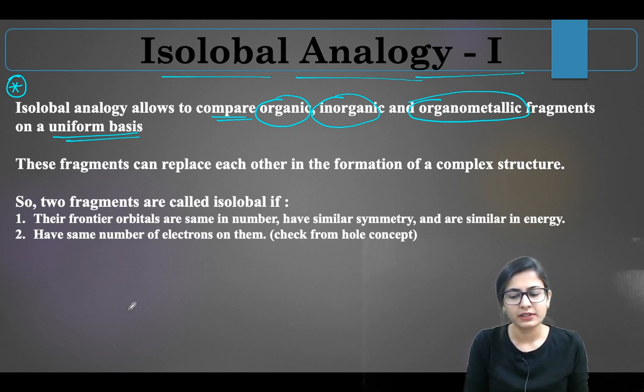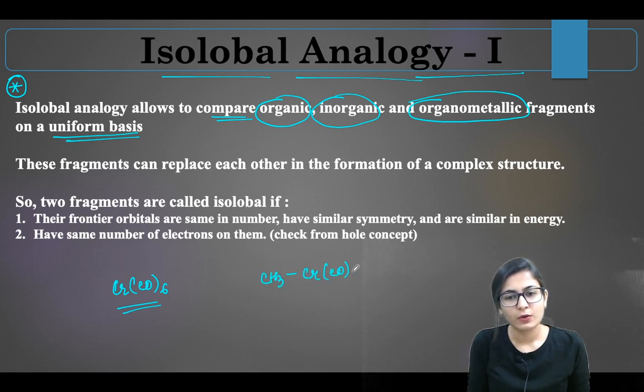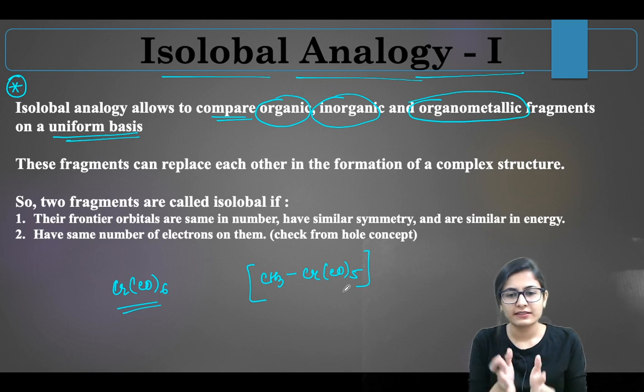Because for example, you have a metal complex like chromium hexacarbonyl, but sometimes you also find a complex which is given like this: CH3 Cr(CO)5. How do you understand the number of electrons which are provided? Or how do you understand whether it is a correct structure or a wrong structure?